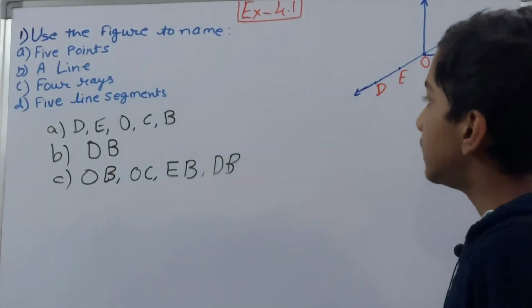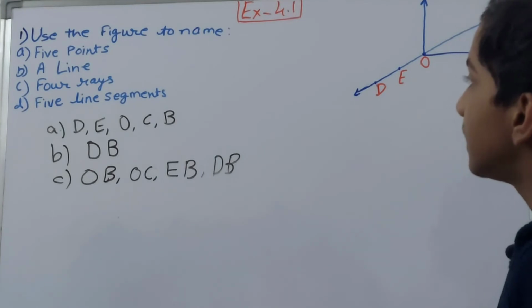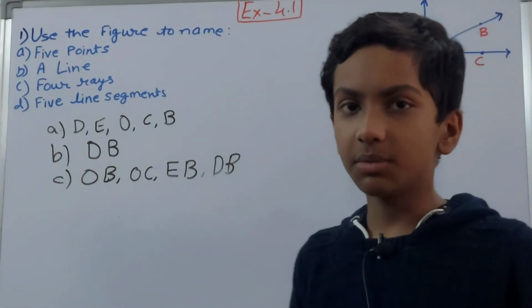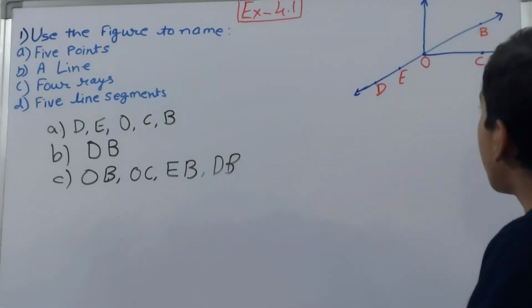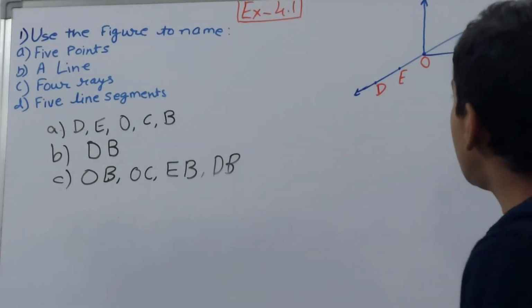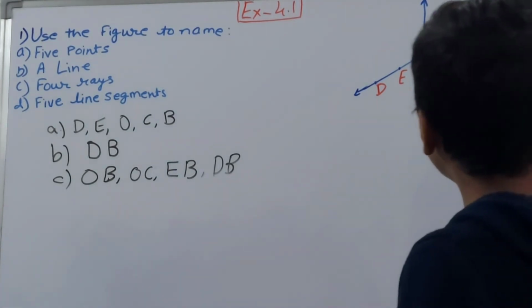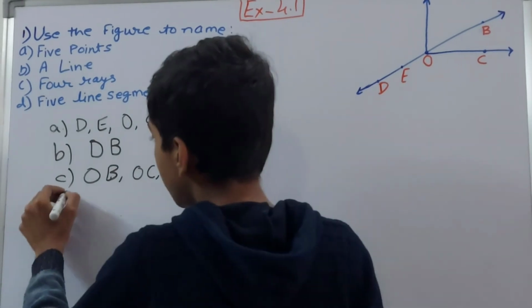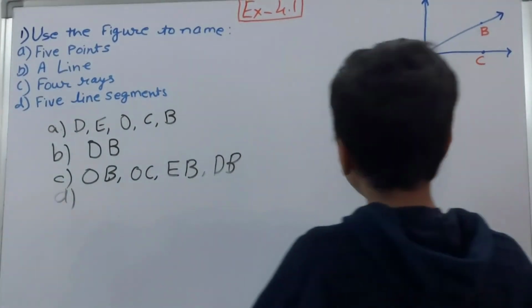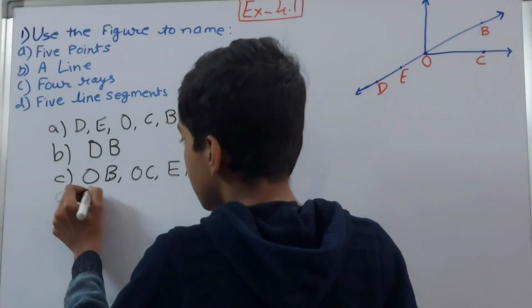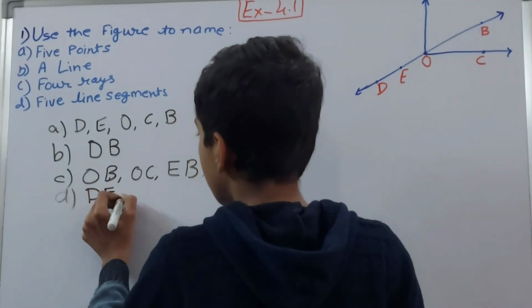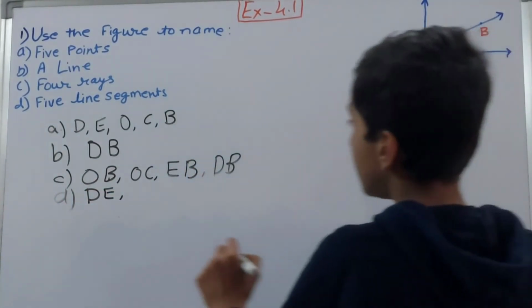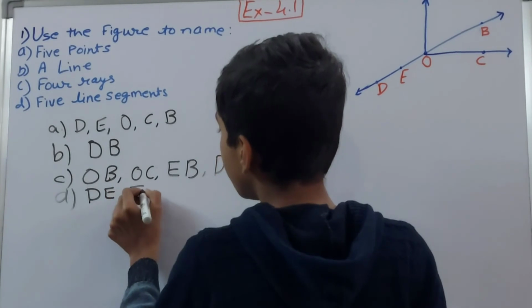Then next we have 5 line segments. We have to write 5 line segments, very easy. So first we can take DE, which has a fixed length. Then we can take EO, which also has a fixed length.